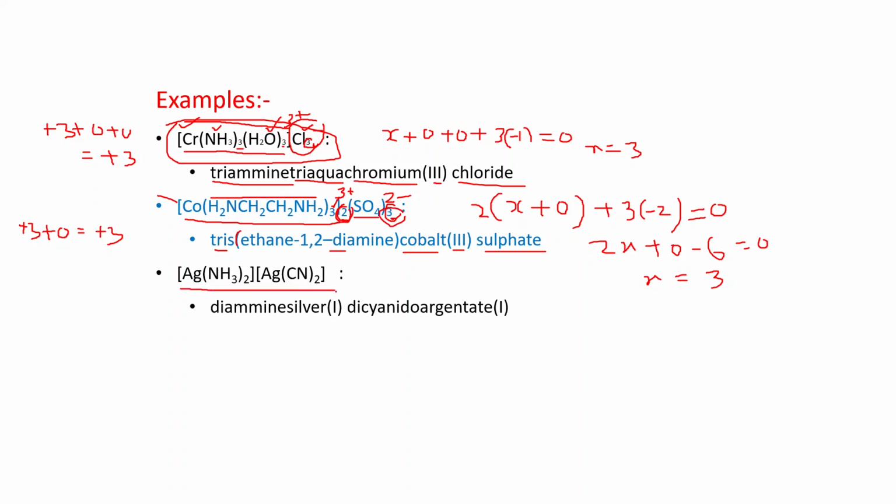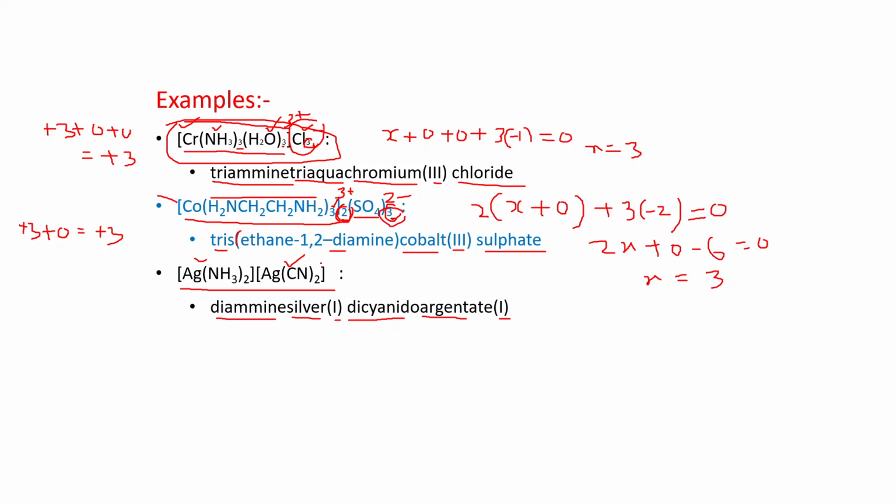See another example. In this compound, this cation is also a coordination entity and this anion is also a coordination entity. Diamminesilver(I) first, and in this case, dicyanidoargentate(I). Generally silver forms compounds in the +1 oxidation state.